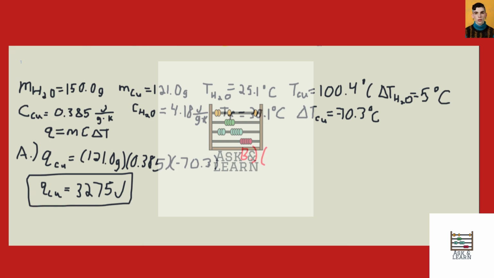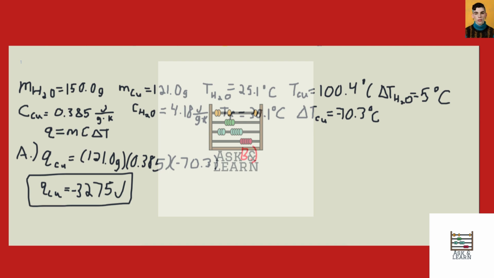Now we're going to find the amount of heat gained by the water. Let me reiterate, it's a negative 3,275 joules that's lost by the copper.